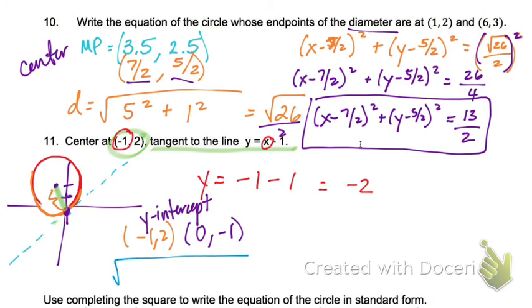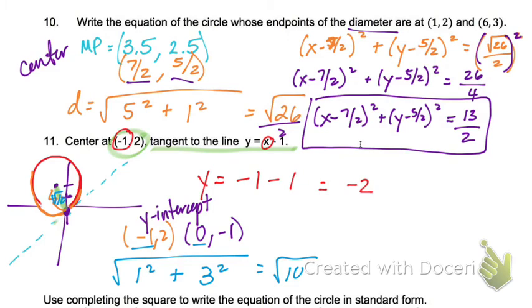So the distance between my x values, -1 and 0, is what? 1 squared. The distance between +2 and -1 is what? 3 squared. So 1 squared plus 3 squared is 10. So my radius is the square root of 10.